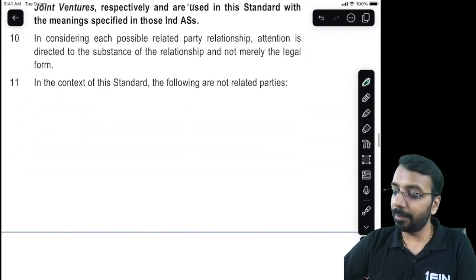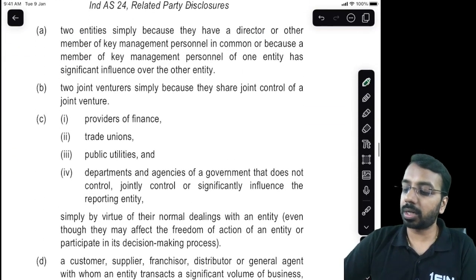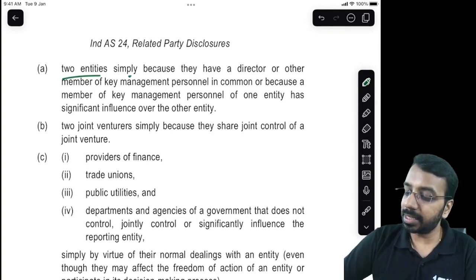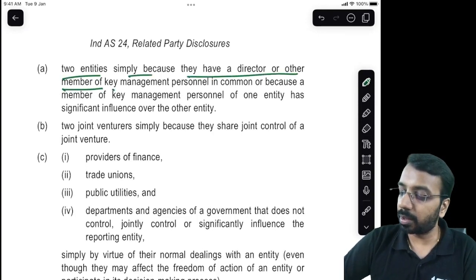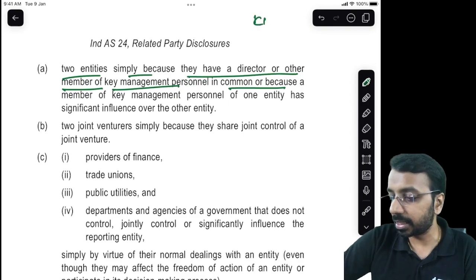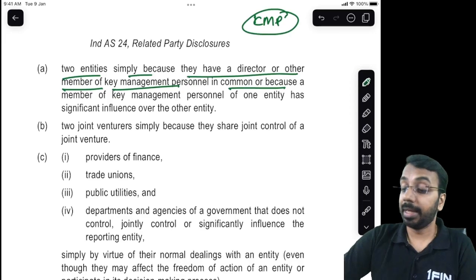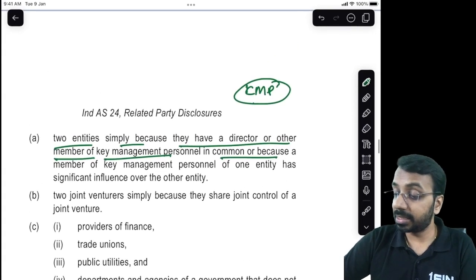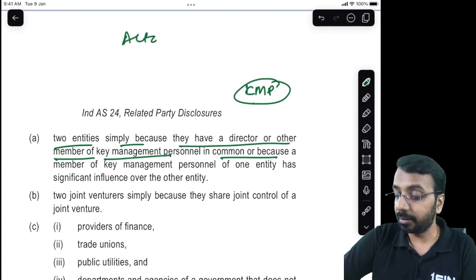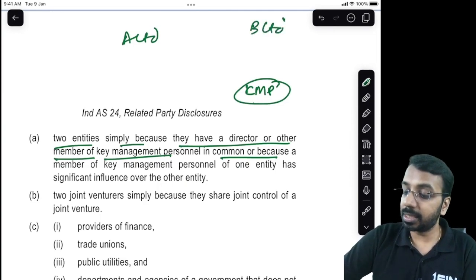Now, some examples where some parties are not considered to be related parties. Two entities simply because they have a director or other member of KMP in common. So if there is a KMP, please understand, KMP does not control. Okay. So let's say you have A Limited and B Limited, and there is a single director.